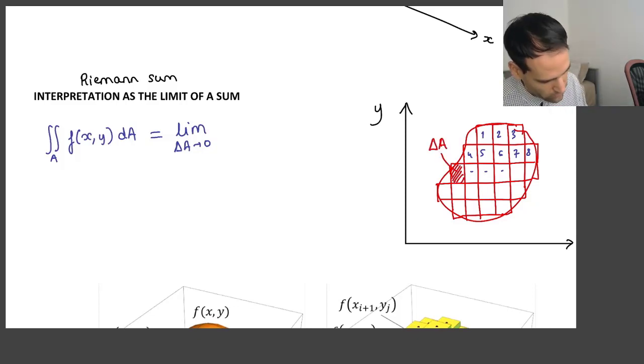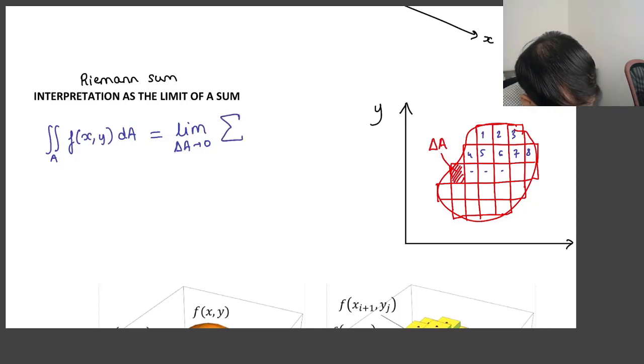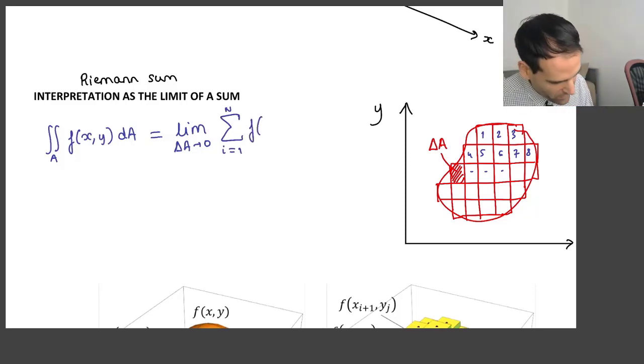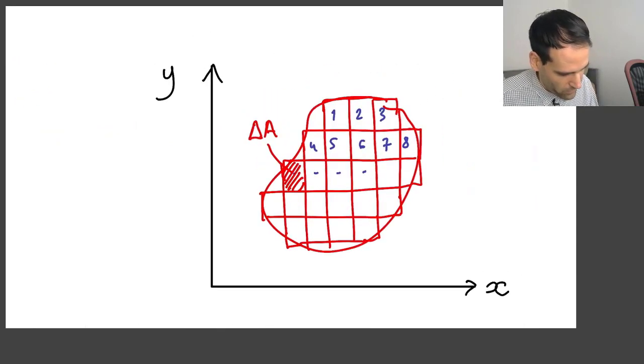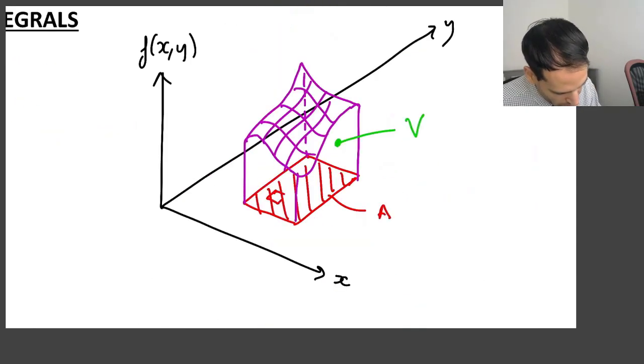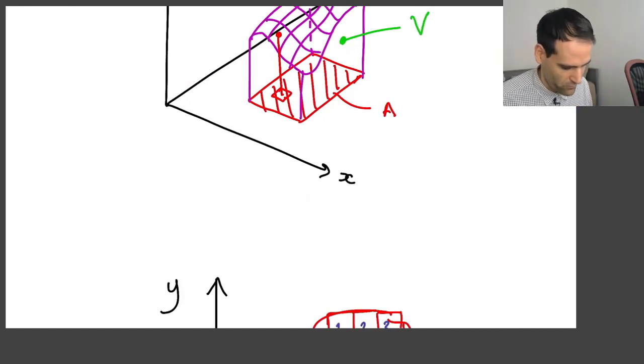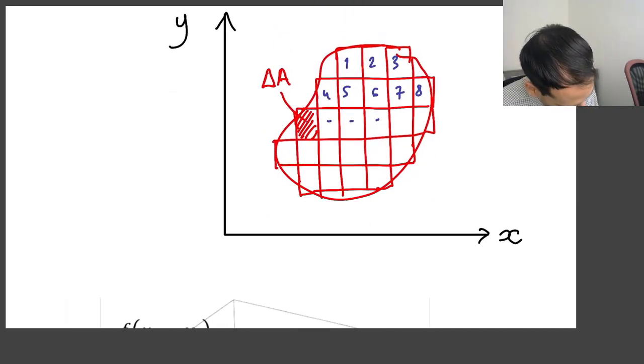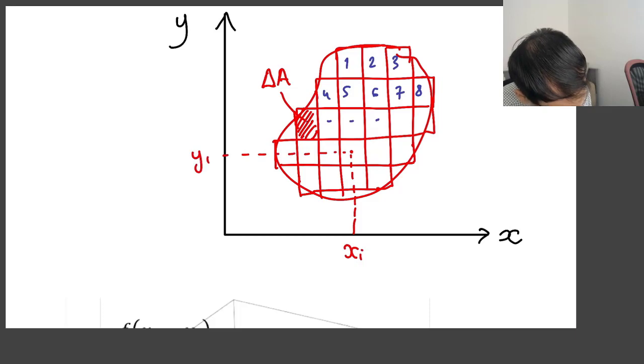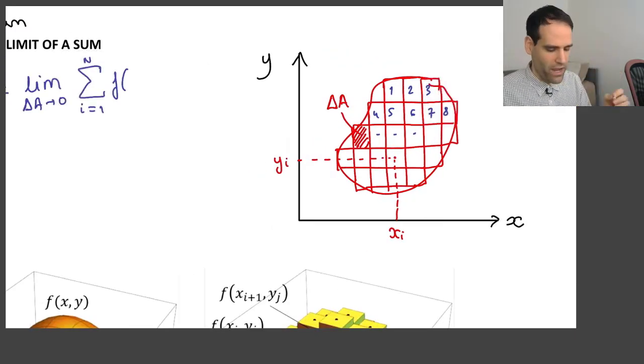The limit when that area goes to 0 of the sum when i goes from 1 to n of f evaluated at each point. And what are the points of evaluation of f? Remember, for each small area we need to evaluate the function at a point. Those points we can call xi and yi. So it depends on which square we are.